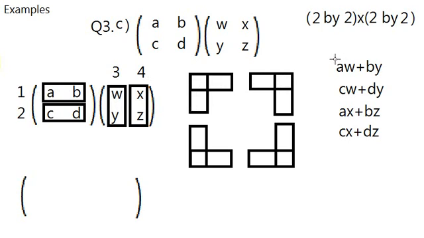So we know that AW plus BY goes to the top left corner. So this is what this grid is doing for us. It's determining which corner we are going to put the values into.